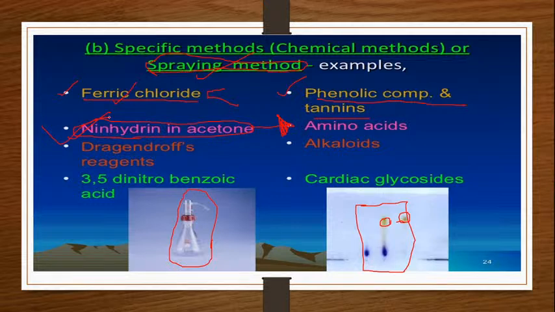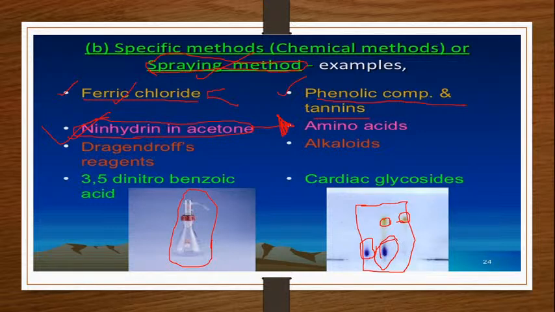If you spray ninhydrin in acetone solution on the paper chromatogram which you have run for amino acid separation, you will see a blue visualization for different amino acids.